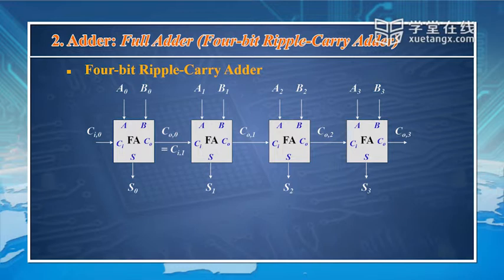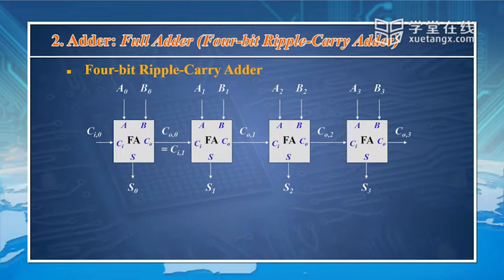So from this schematic, what's the critical path of this 4-bit ripple carry adder? From your point of view, we know that only after the calculation of this one can we get the CO0, right? After that, the next full adder will take calculation, right?